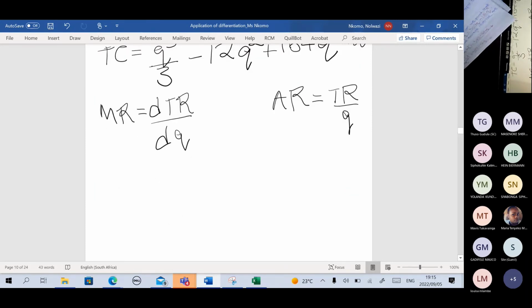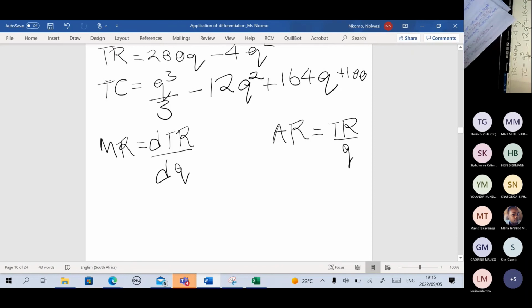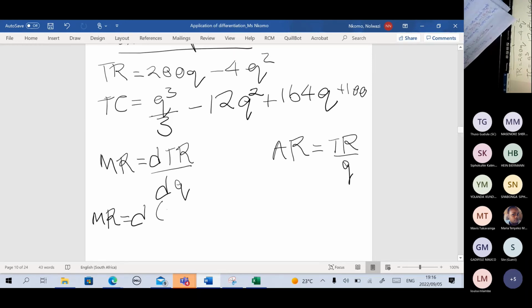From this, we can calculate marginal revenue as the derivative of 200Q minus 4Q squared, right?